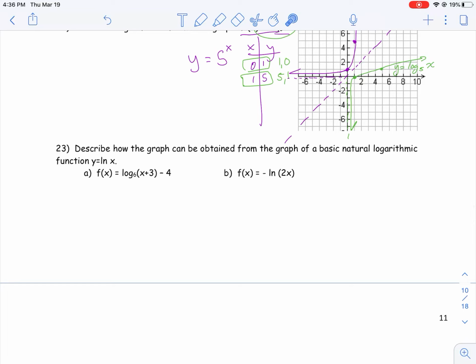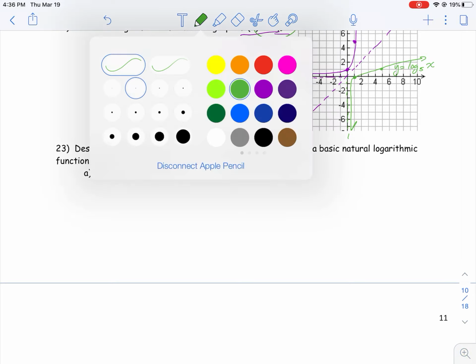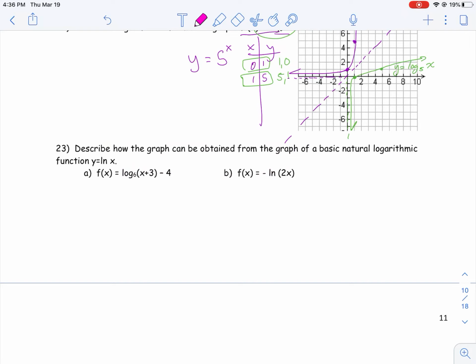Last part, we're gonna keep kind of beating this dead horse of looking at transformations and how I can transform graphs. Again, you see a log base 6 of x. That's the parent function. What is happening here?